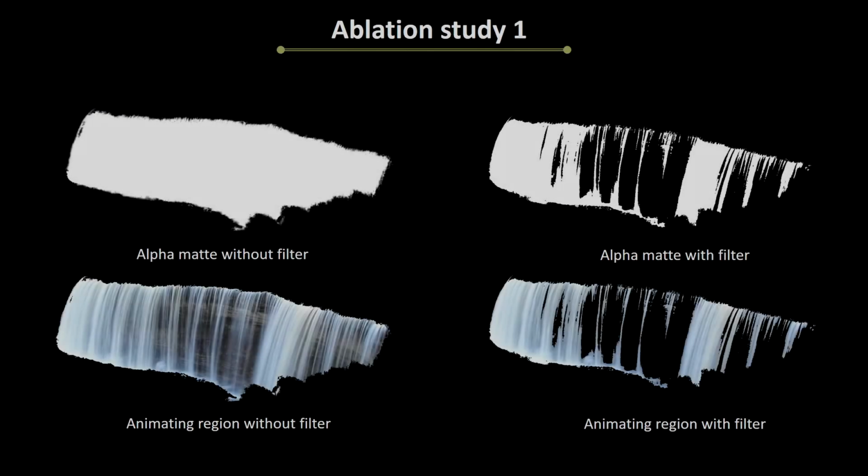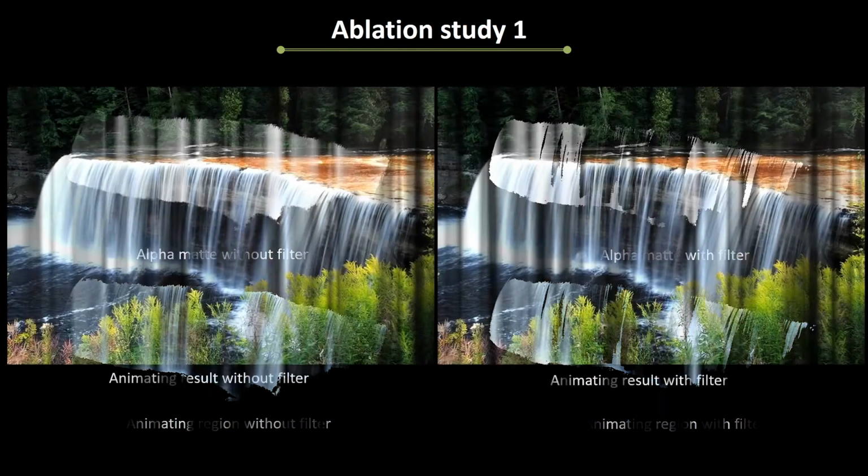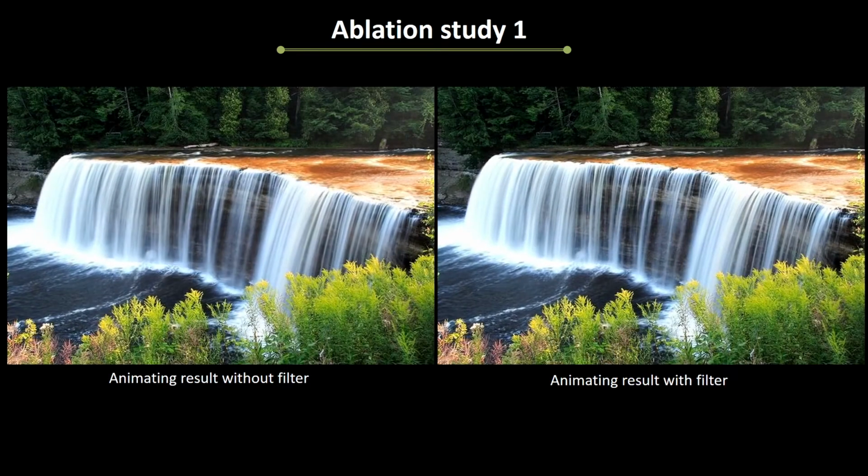To verify the effect of the algorithms used in our approach, we here present the ablation studies. This is the ablation of filtering the animating region. We can see that by discarding the static pixels mixed up in the selected region, we can effectively eliminate the ghost artifact.